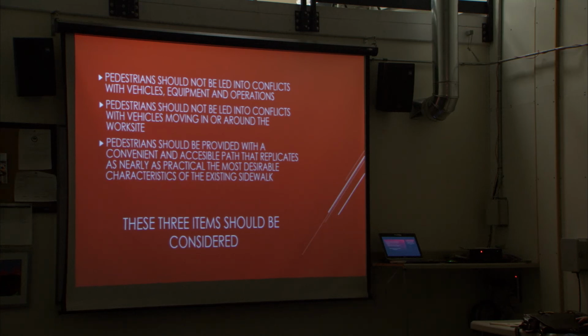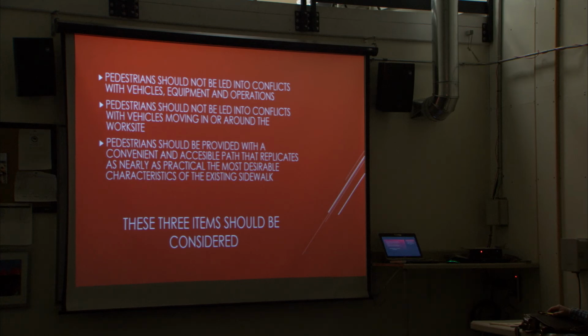Pedestrians should be provided with a convenient and accessible path that replicates as nearly as practical the most desirable characteristics of the existing sidewalk. A previous employer of mine had an excavation in Macomb along Western Avenue where the dormitories are, and they directed the pedestrians to walk in the street, and one young gal got hit by a car and got killed.